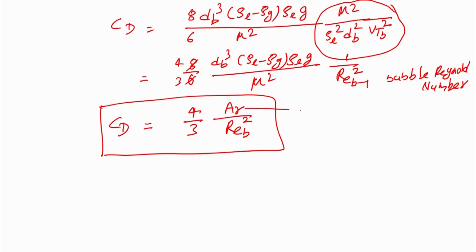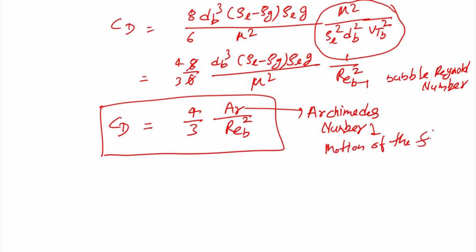Now, the Archimedes number basically defines the motion of the fluid due to the density difference.